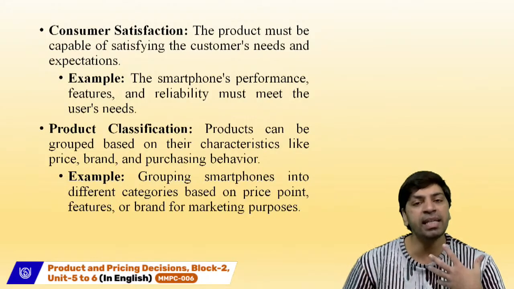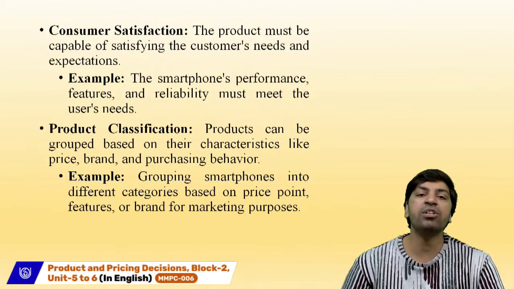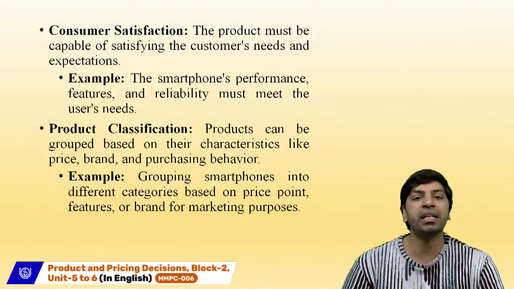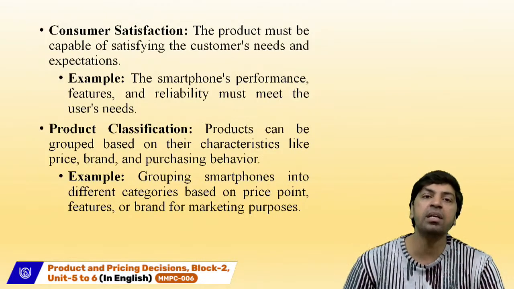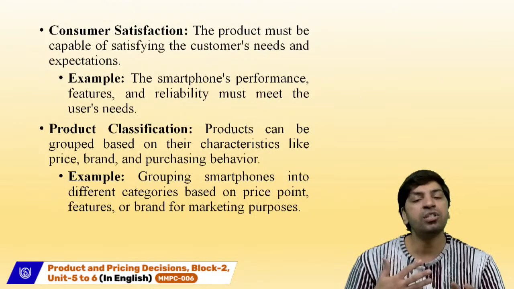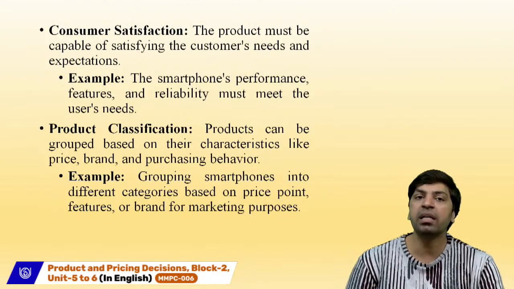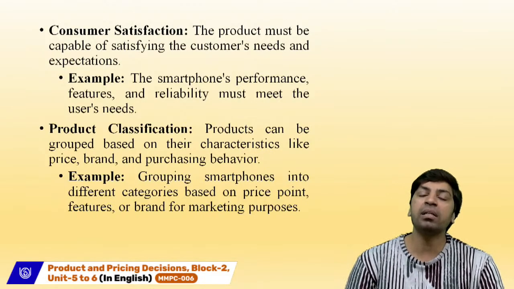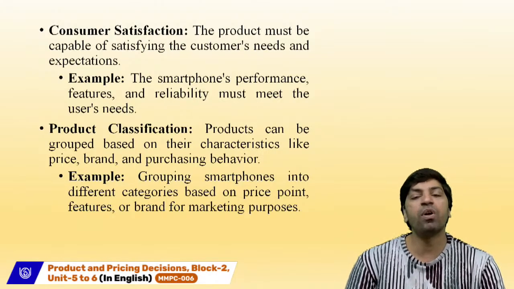If any seller classifies products based on various characteristics, such as price, brand, or the consumer's needs, just for the purpose of marketing, it becomes product classification, which is one of the characteristics of product.